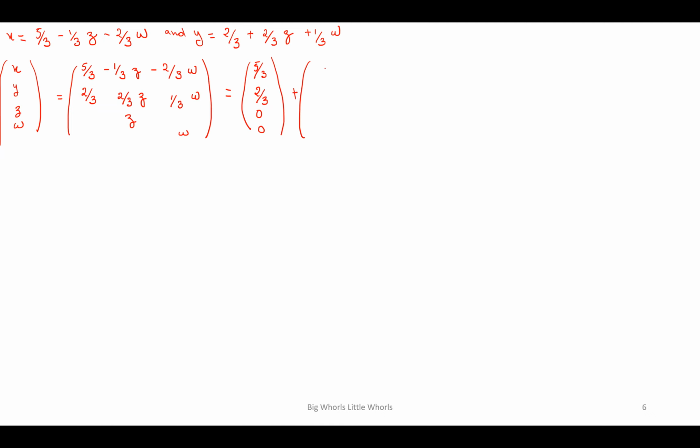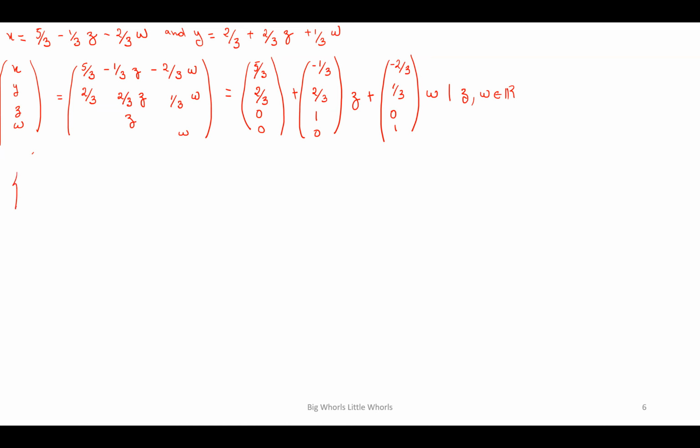Plus minus 1 over 3, 2 over 3, 1, and then a 0, multiplied by z, plus minus 2 over 3, 1 over 3, 0, and 1, multiplied by w, such that z and w are free. That means they can take any value.